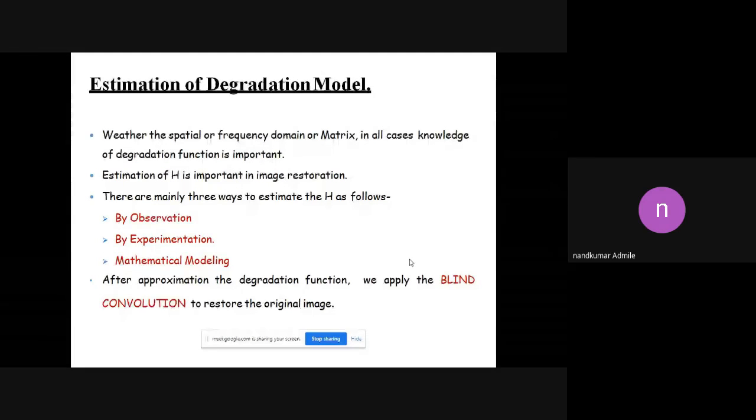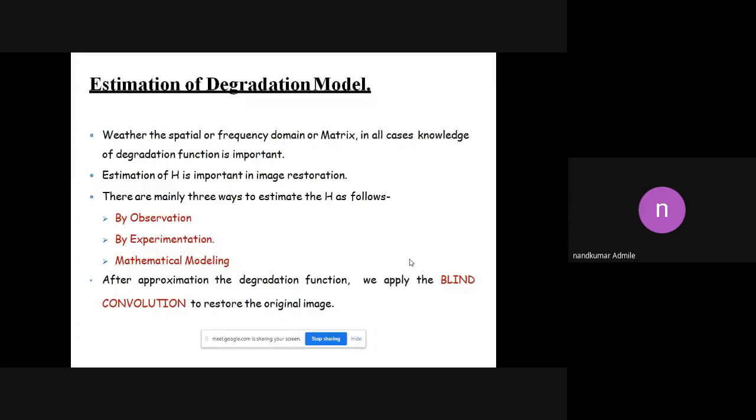In the degradation model, we can use various types of filters, which is also called an estimation function. For image restoration, we can use two types of filters: one is the inverse filter and another is the Wiener filter. We will study the inverse filter and the Wiener filter later.